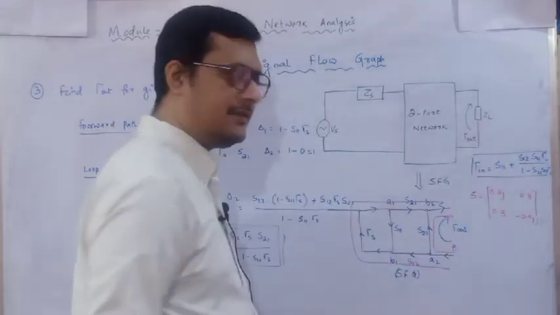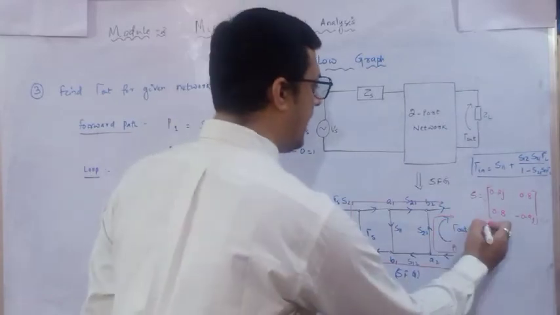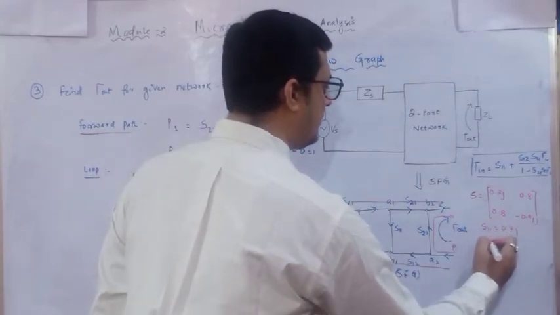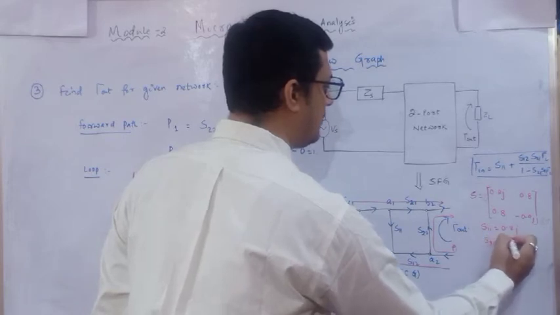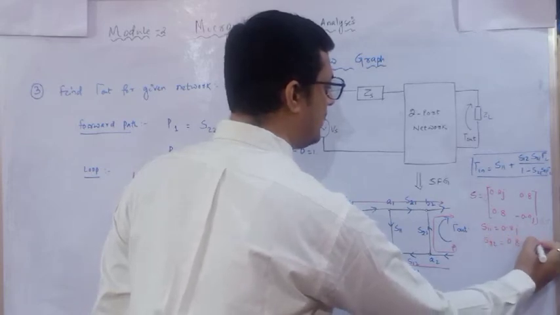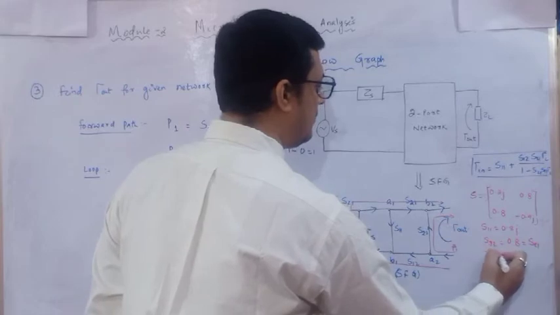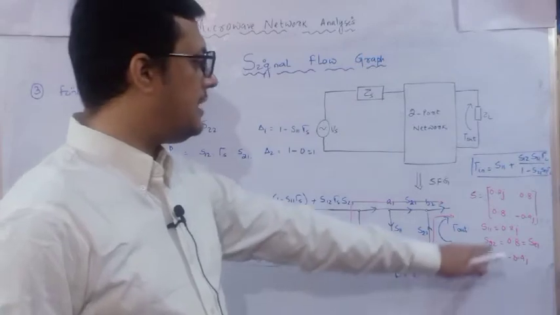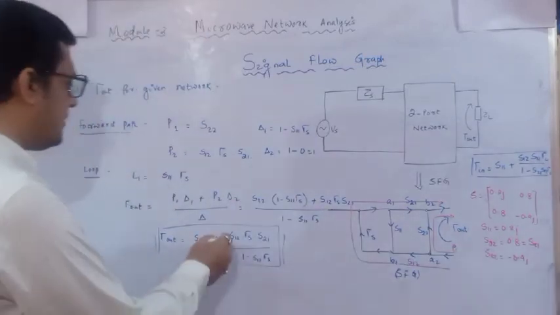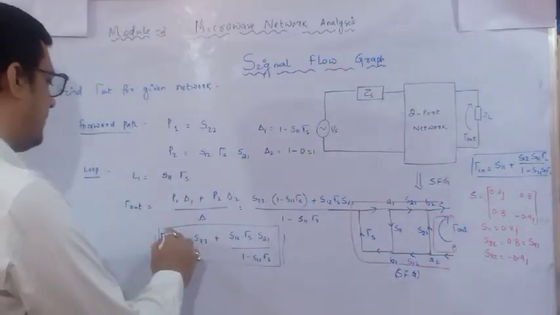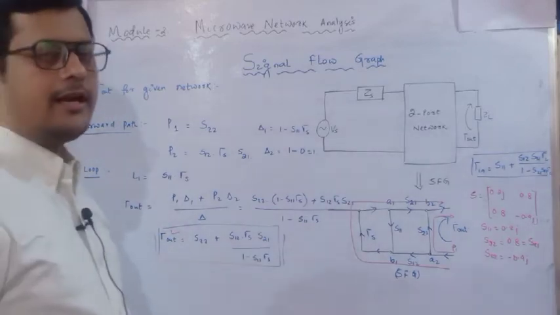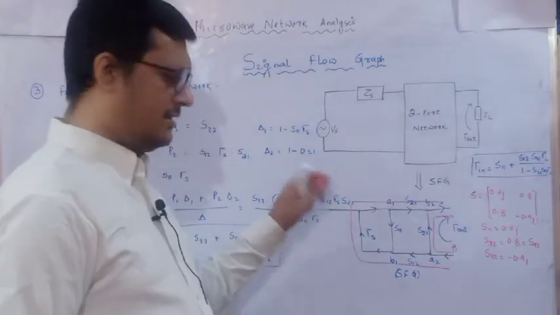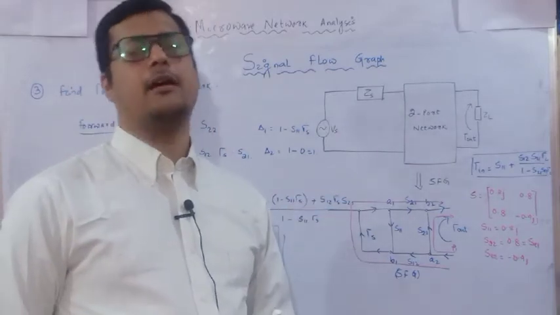So that means here we have S11 equals 0.2j, S12 equals 0.8 which equals S21, and S22 equals minus 0.4j. If these values are given, you can directly substitute here and determine the reflection coefficient at the output and the reflection coefficient at the load. So this sort of combination of questions may come in your exam.